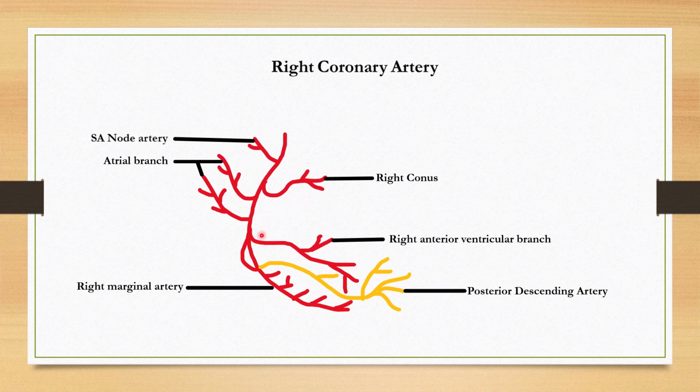And if you come below, you can see the right anterior ventricular branch, then the right marginal artery, which runs along the right margin of the heart, and the last branch, which is in yellow color, that represents the posterior view, that is the posterior descending artery. So these are all the main branches of the right coronary artery. I guess now you got a clear idea.